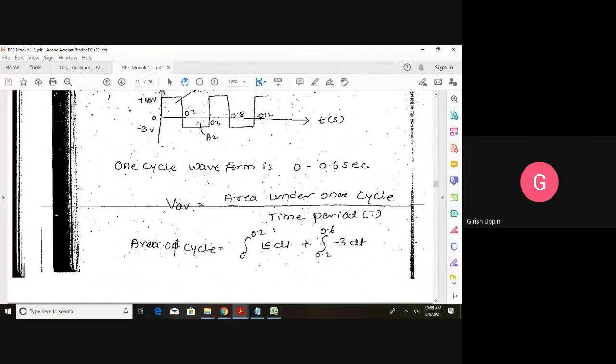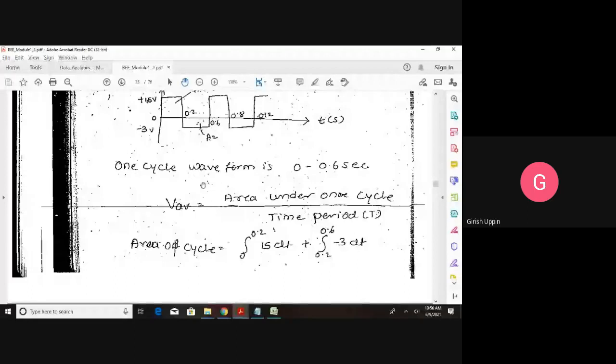V average is equal to area under one cycle, because it is an unsymmetrical waveform, we have to consider one cycle. So area under the curve, this area and this area for one cycle, divided by the time period for the one cycle. That is 0.6 seconds.